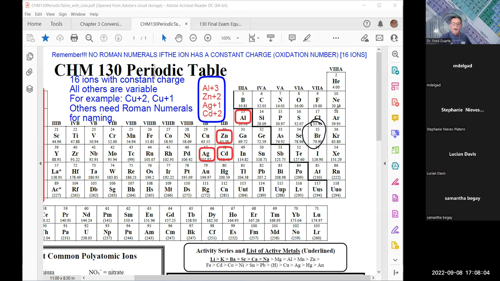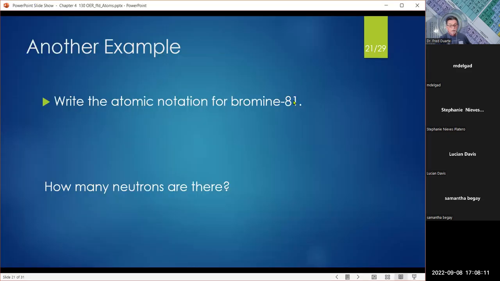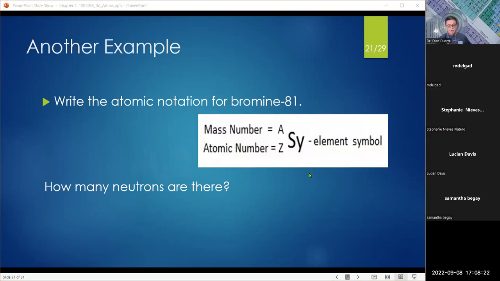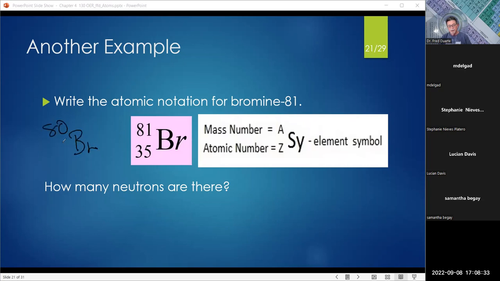And we need 35 for the atomic number. So obviously bromine 81 is not the most common isotope. The difference between bromine 80 and 81 is one extra neutron. They have the same symbol, the same atomic number. Where they differ is the mass number. So for the most common isotope, it will be bromine 80 and 35.